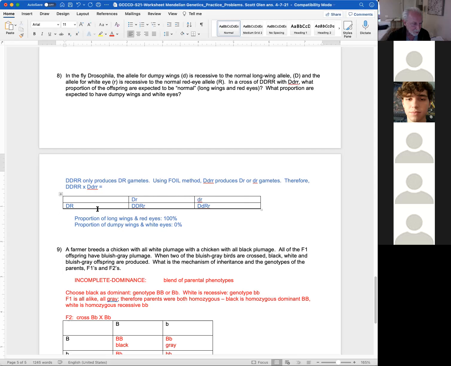So if you do the matching up after fertilization, big D, big R, little r would have red eyes and normal wings.